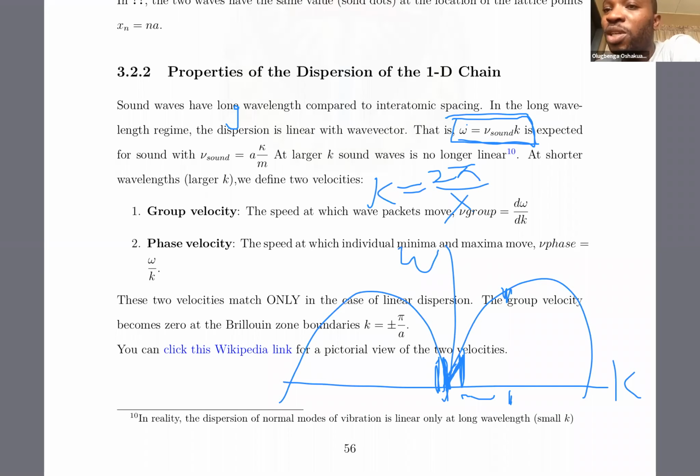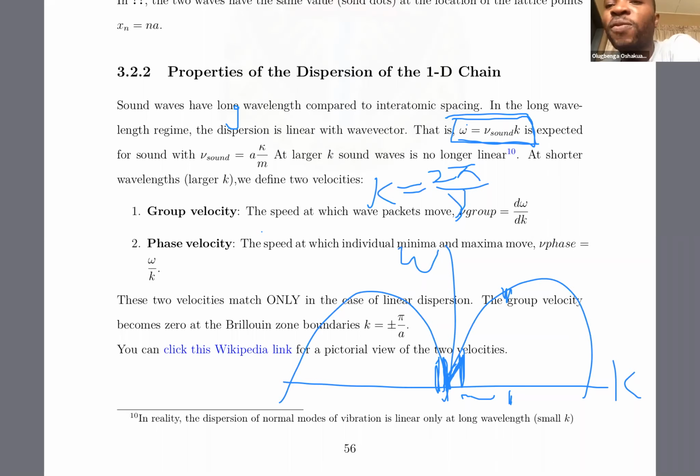The speed at which wave packets move is the group velocity, v subscript group, equal to d omega over dk.